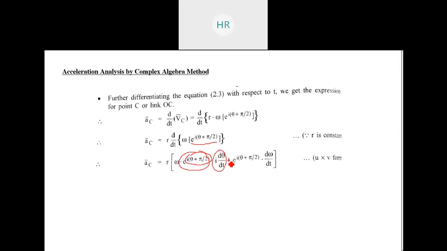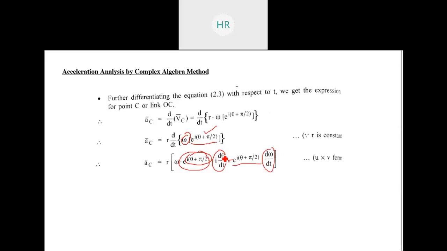Now plus, now second time we will hold this as it is and we will differentiate this with respect to time. So e raised to I theta plus pi by 2 as it is, and omega no differentiation d omega by dt.